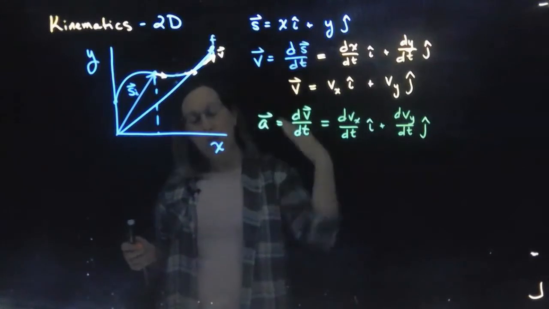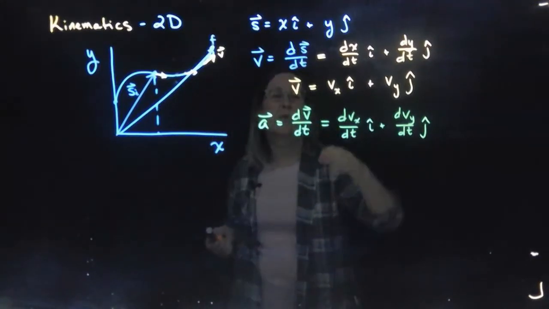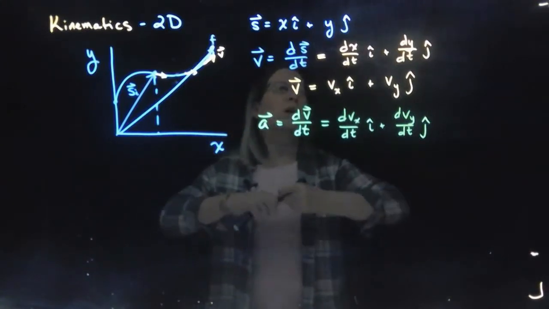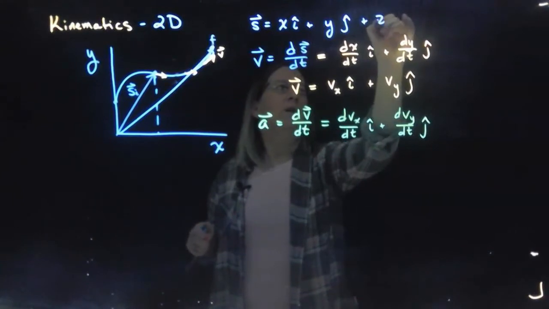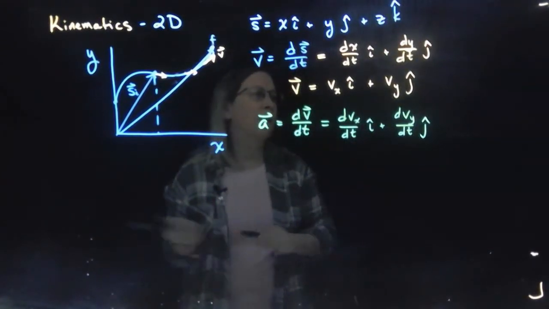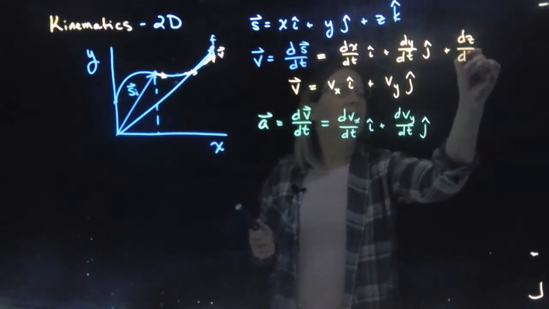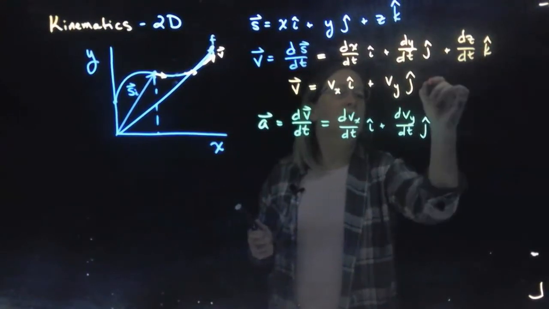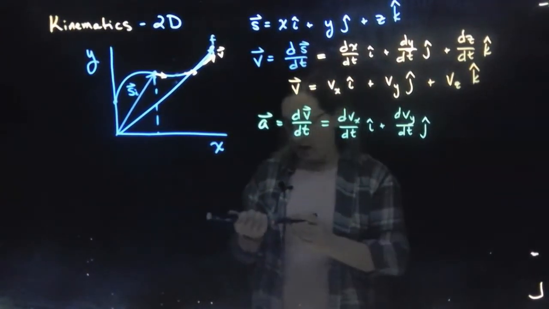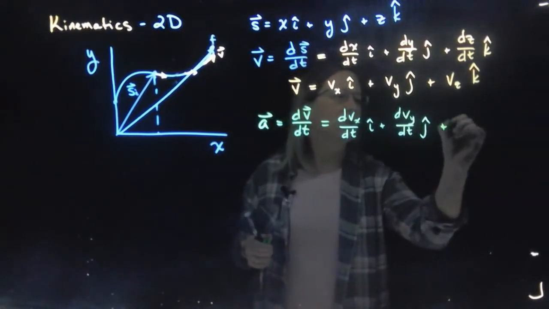And if we have a third dimension, because we do live in a 3-dimensional world, then we would throw a z in here. So this could be extended to include a z in the k hat direction, which would then have a plus dz dt in the k hat direction, or a velocity in the z direction k hat, similarly with our acceleration.